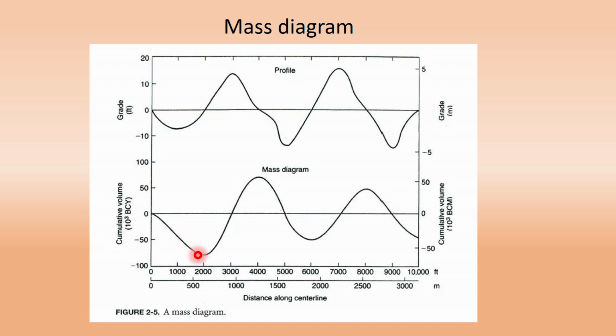And typically, these peaks on your mass diagram, right, peak deficiency of earth or peak accumulation of earth, will coincide with your transition points in your profile, right? When you've transitioned from fill to cut, will coincide vertically with your peak. And when you've transitioned back from cut to fill, it'll coincide with your peak.